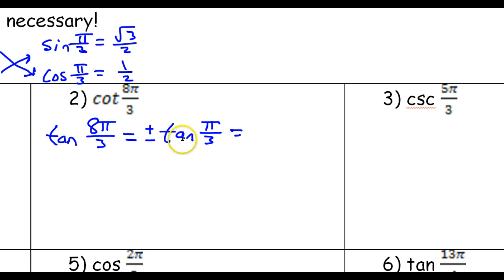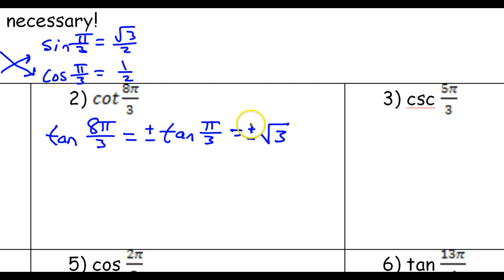Okay, now tangent is sine over cosine. So just looking up here at the top of my paper, sine over cosine, just look at the numerators here. That's going to be radical 3 over 1. So the tangent is going to be radical 3. But maybe it'll be positive, maybe it'll be negative. I need to figure out which one it is.